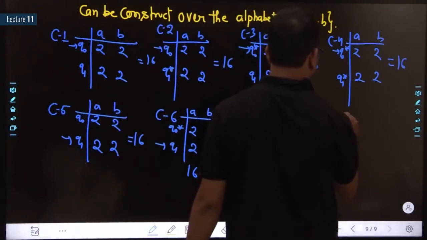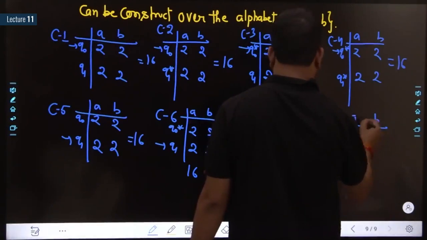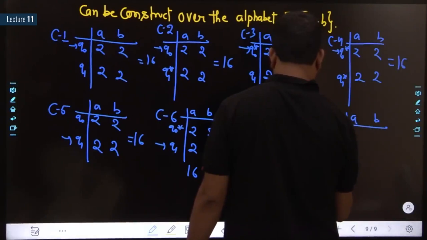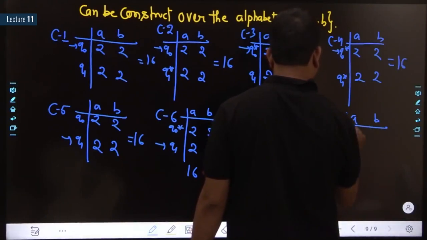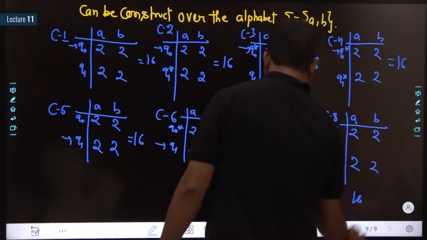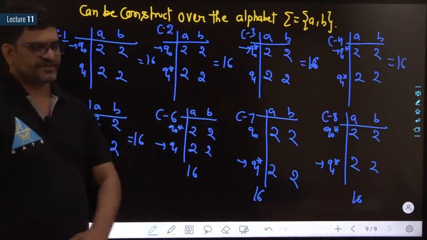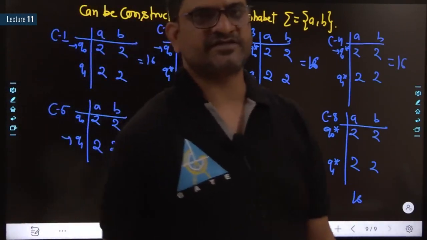Case 8, A, B, Q0, Q1. This is initial and final. This is final. 2, 2, 2, 2. 16. Total number of DFAs: 16 into 8, it means 128.